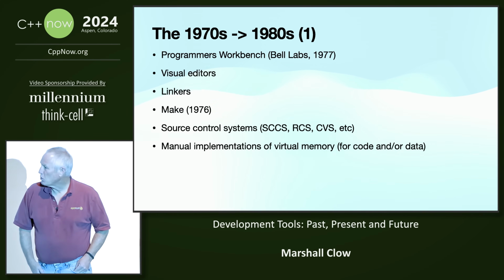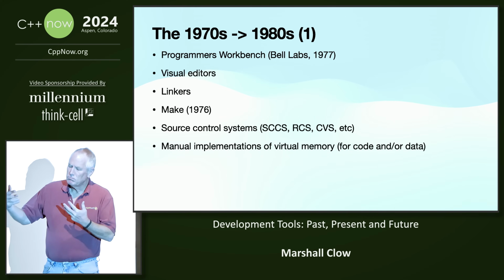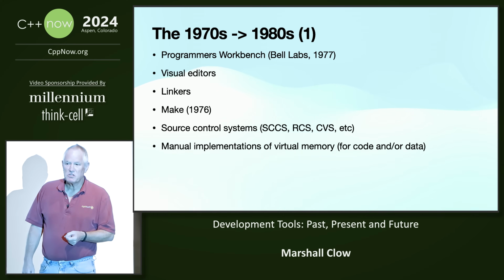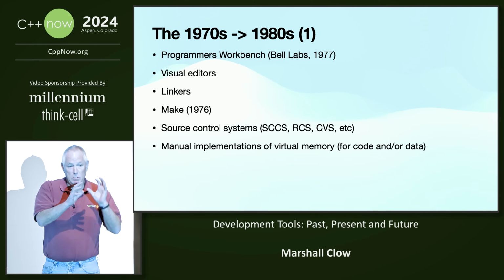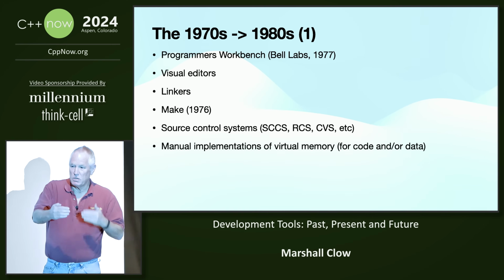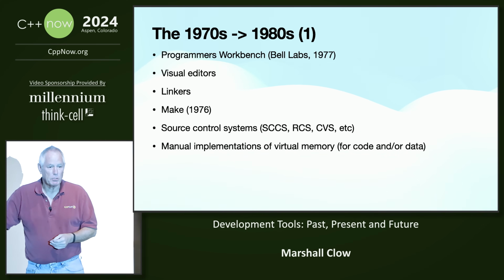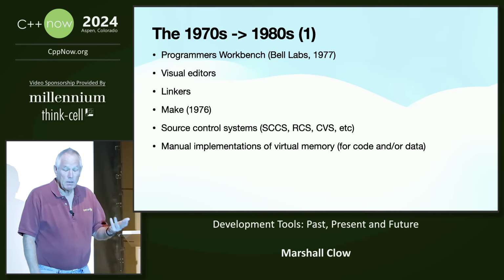And so people had these amazing hand-maintained systems where you split your object code up into self-contained chunks and your program would manually load them and unload them as you needed a particular kind of functionality.